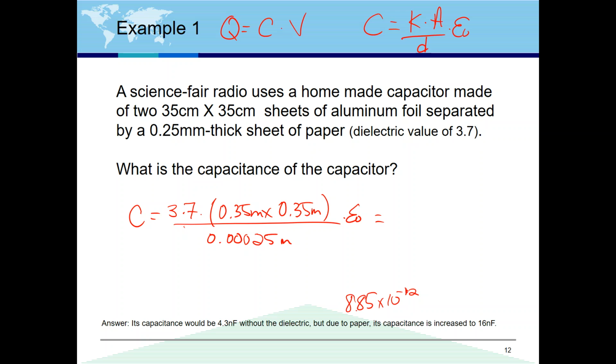I don't know, it's not an easy one to remember. It's like coulombs squared per newton meter squared, something. What did you get? Did you get something?